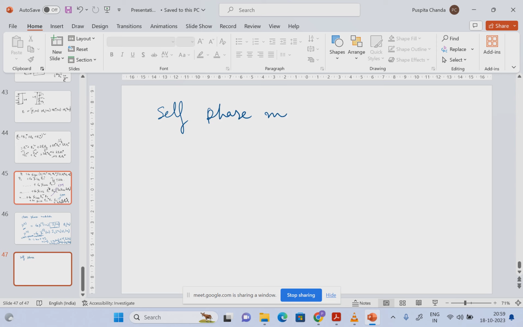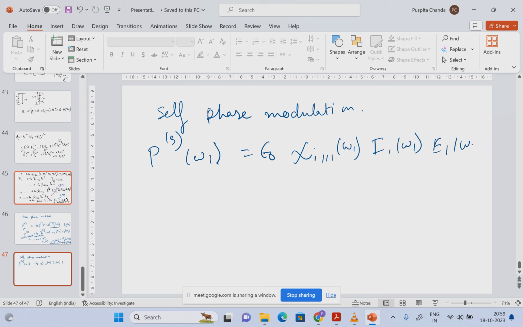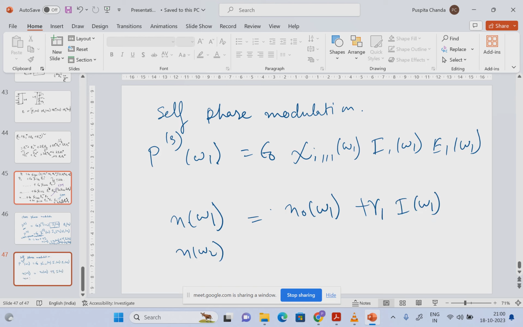And for self phase modulation, and similarly for E2, here n at omega 1 will be modulated by the intensity of omega 1 only, and similarly for omega 2.